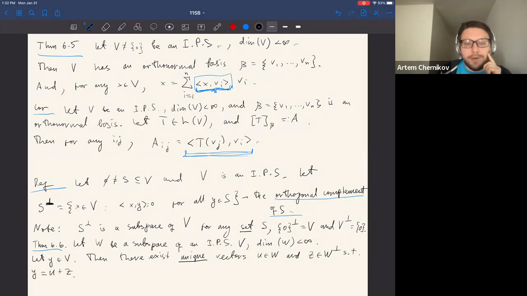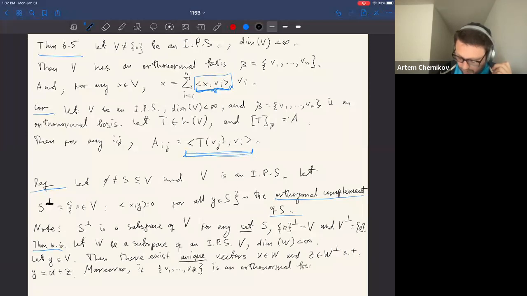Okay. Moreover, we know how to calculate this u. So if, let's say, v1 through vk is an orthonormal basis for this subspace W, then we can write U as follows.